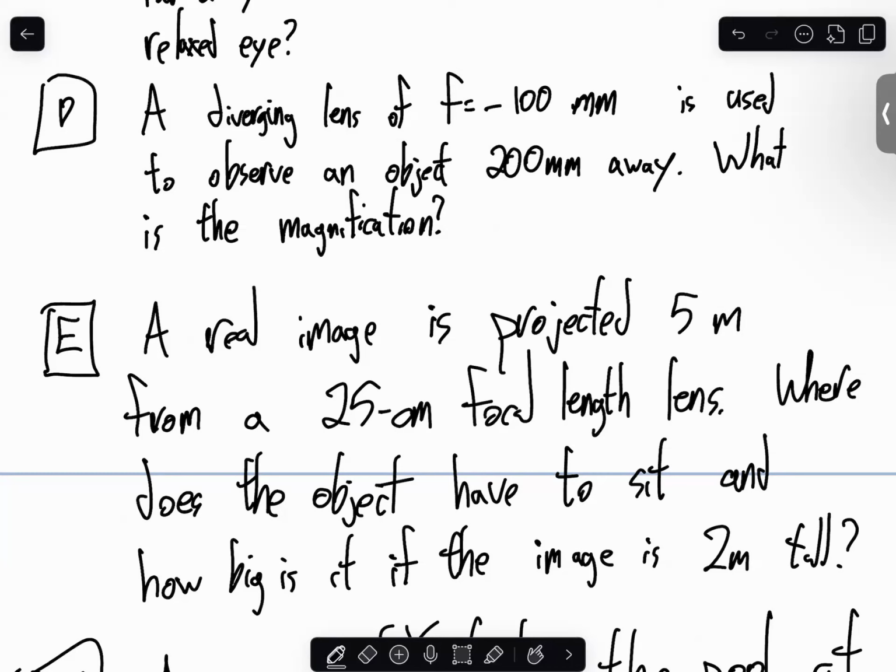Look. Can I scroll down to F? Give you all an F?